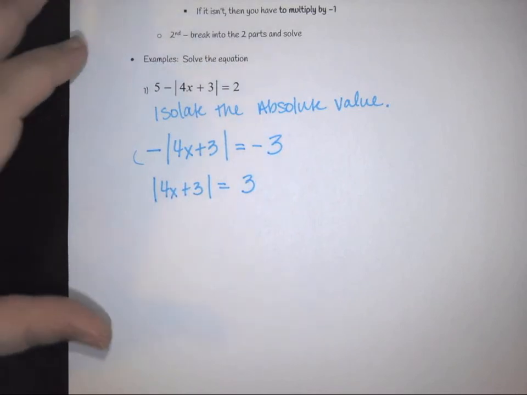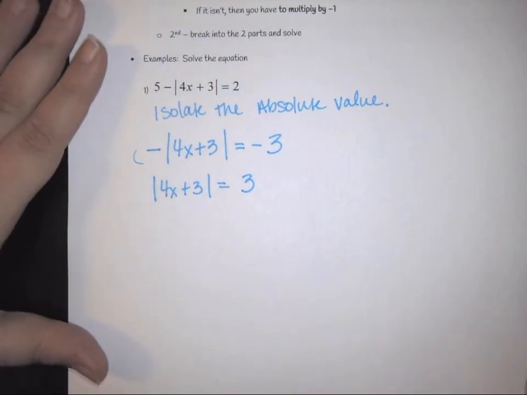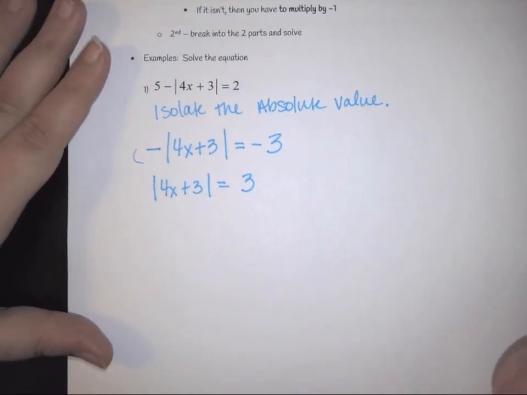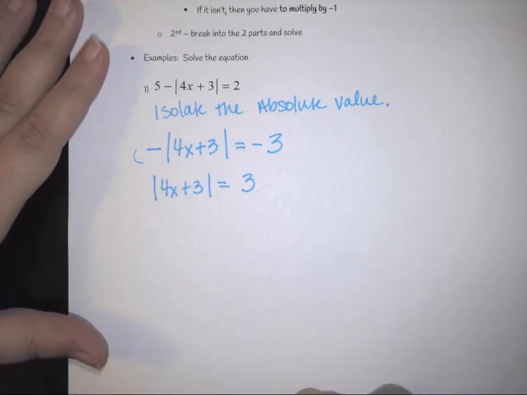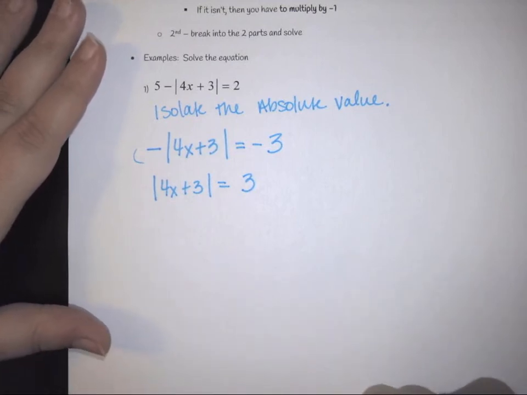Once you get your absolute value completely isolated, there's a couple things we can do. First, remember we have to take the positive and the negative into account.